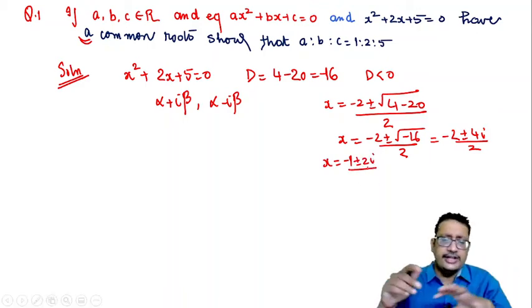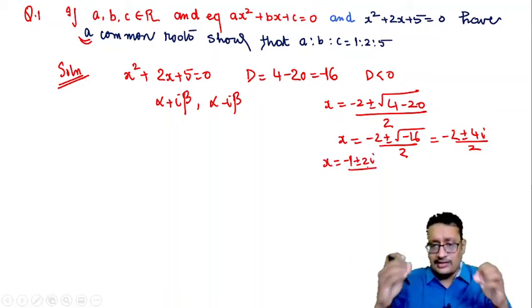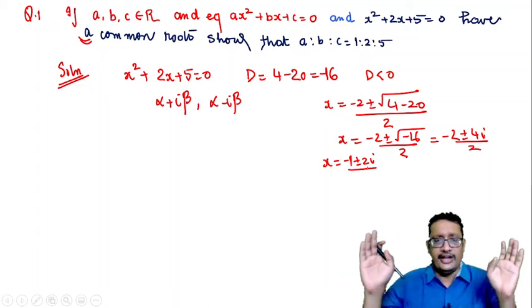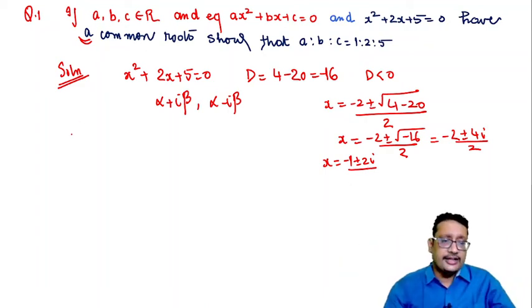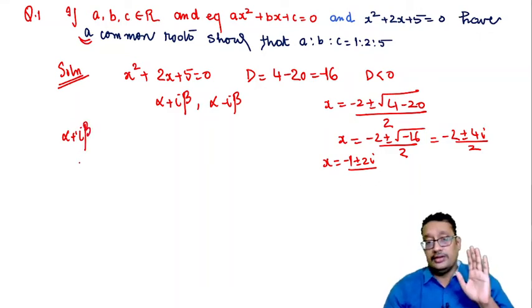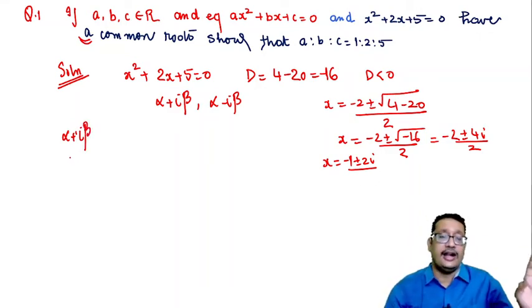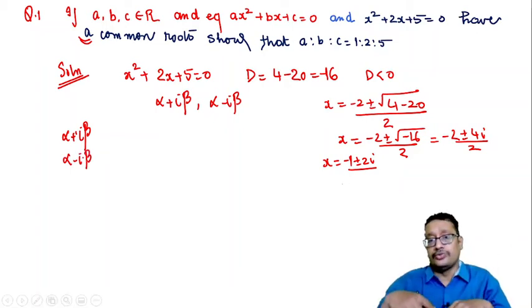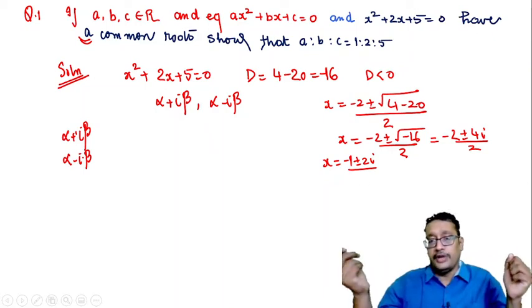No need of calculating these roots, but I tried to show you and make you understand that if I consider alpha + iβ a common root, then alpha − iβ is also a common root of both equations, because imaginary roots occur in pairs.